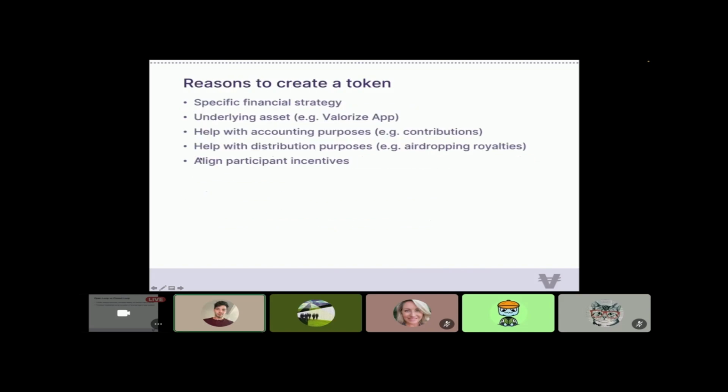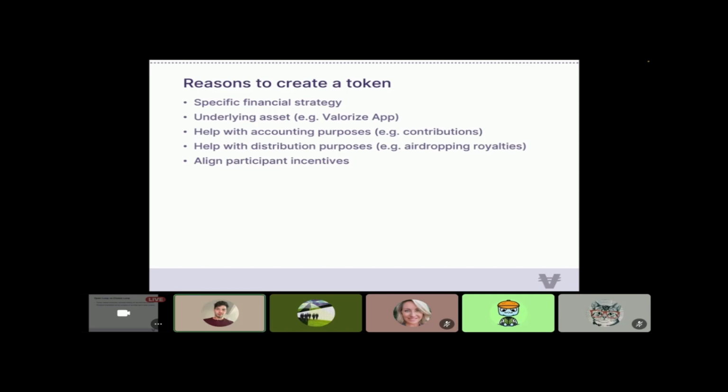There are several reasons to create a token. You can tokenize a specific financial strategy. You can also tokenize an underlying asset. For example, our Valorize application can help with accounting purposes. For example, we have a list of contributors that have done certain tasks, and by giving tokens to these contributors, it's like some form of accounting.